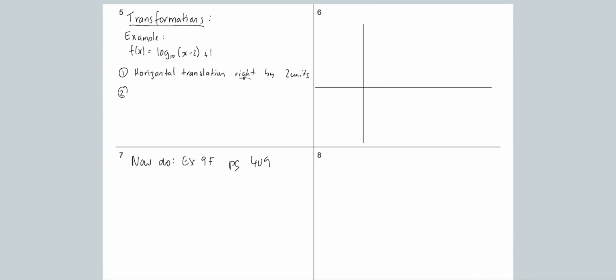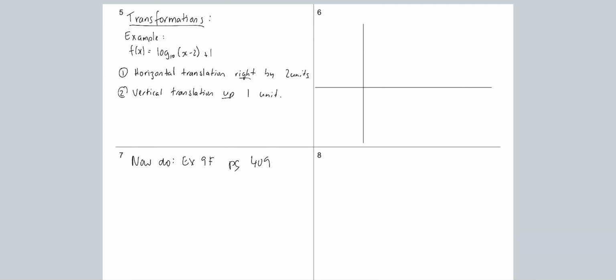Number 2, we have a vertical translation up 1 unit. Remember, those things that affect the input, the x's, are always sort of counterintuitive. So x minus 2 means that everything is happening a lot earlier, so therefore it goes to the right.